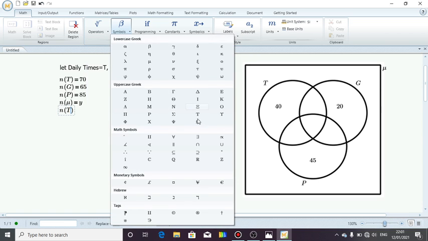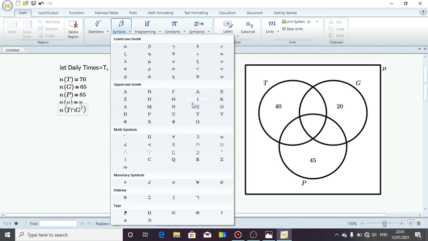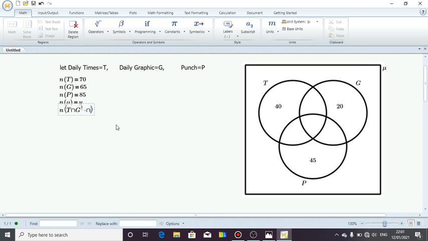Let me get my symbol of intersection. That is intersection graphics. Then on this graphics you must put complement, then intersection again, intersection punch, and on this punch you must put your complement. Very, very important.